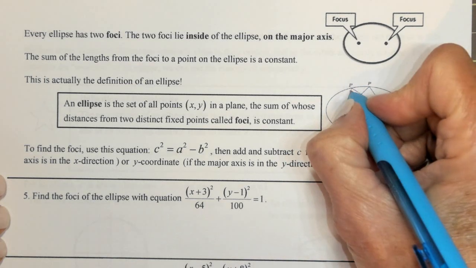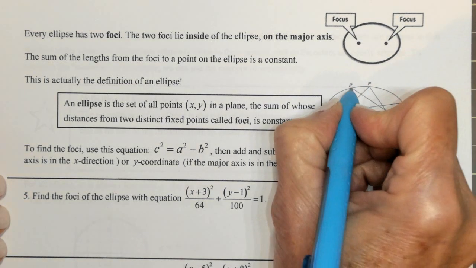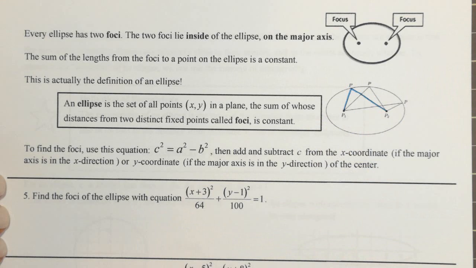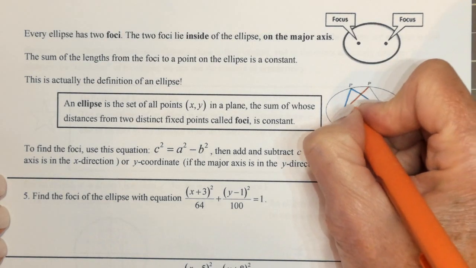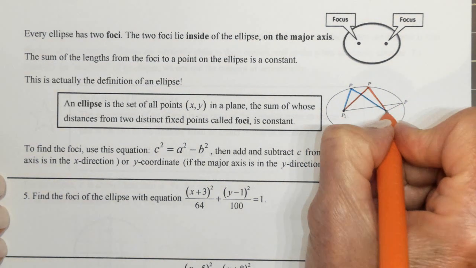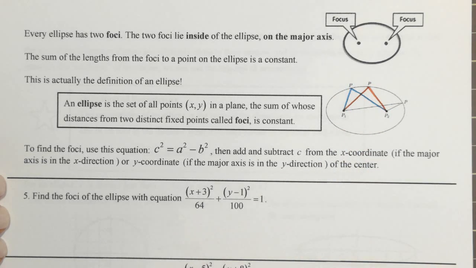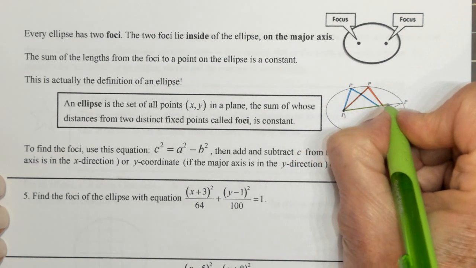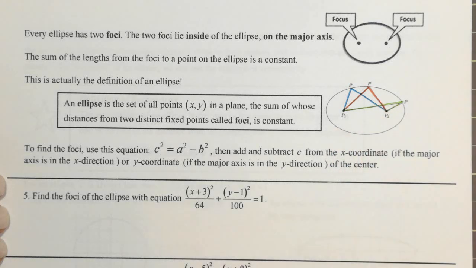So this length plus this length is equal to this length plus this length, which is equal to this length plus this length. Okay? In fact, that is the definition of an ellipse. An ellipse is the set of all points in a plane, the sum of whose distances from 2 distinct fixed points, called foci, is constant.